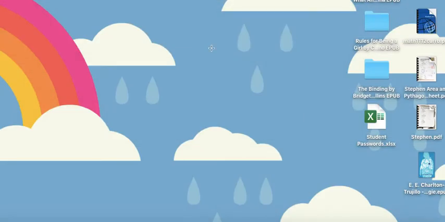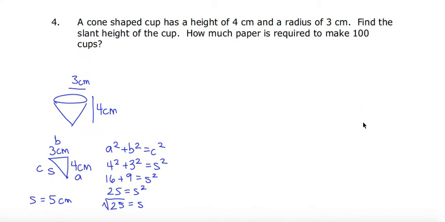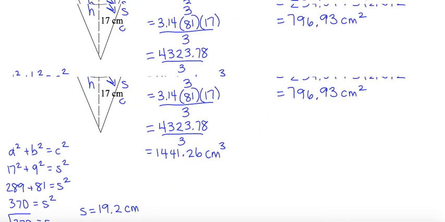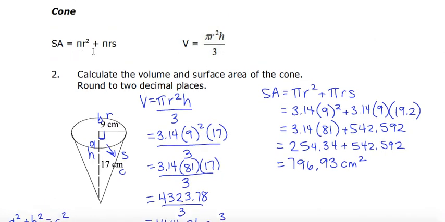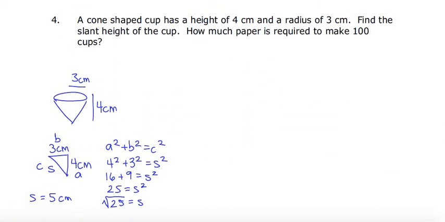So if I refer back to my formula sheet, or up the top of my page, the surface area of a cone is pi r squared plus pi rs. So I'm going to use that formula down here for example 4. So the surface area is pi r squared plus pi rs.